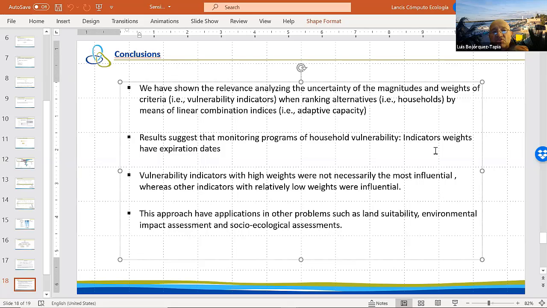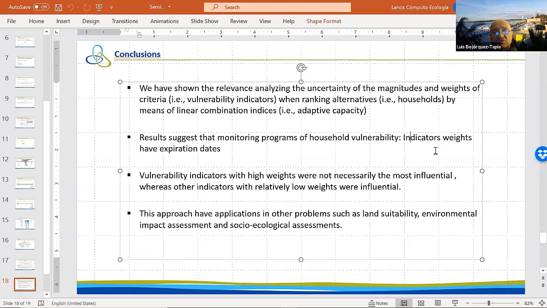It's maybe unwise to use an AHP model to evaluate household vulnerability that was developed for a certain date and expect it to perform well or give similar results 20 years later. There are some things in the government interventions that change that we don't understand.